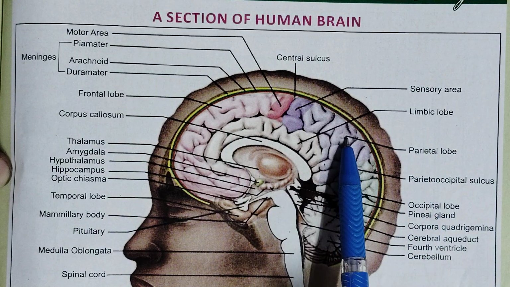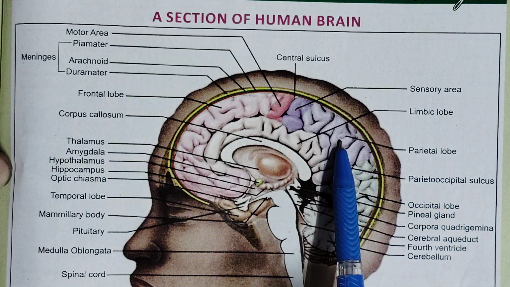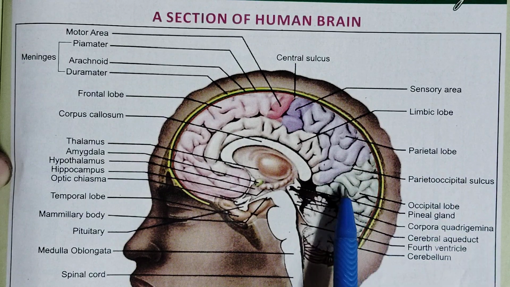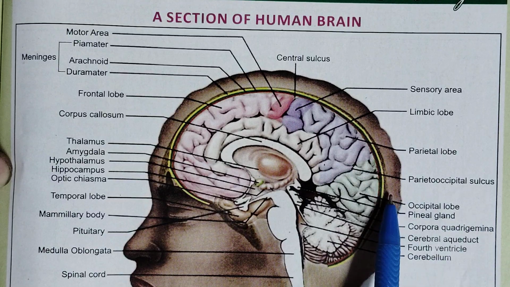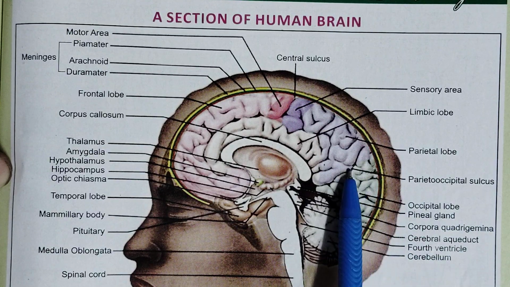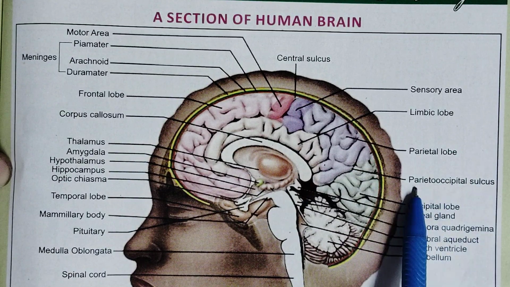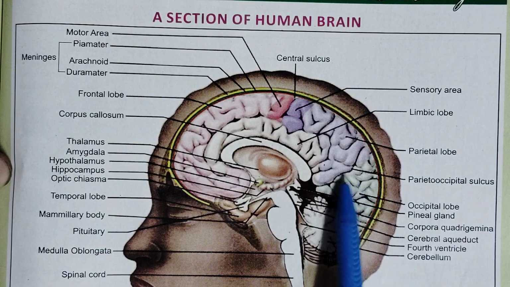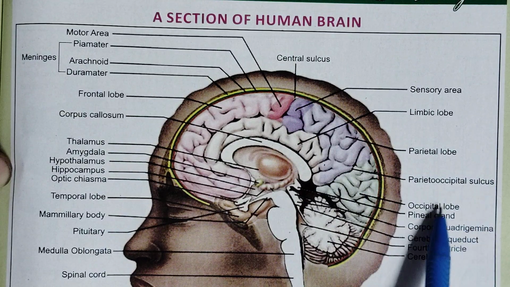Next is the light blue color, the parietal lobe. And between the greenish and light bluish color is the parieto-occipital sulcus.